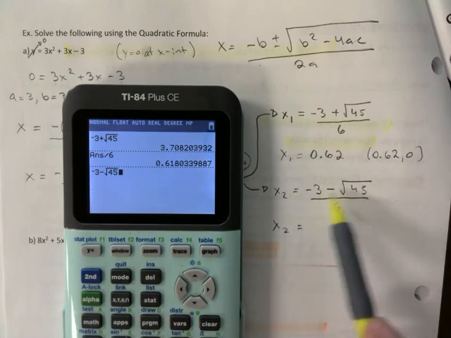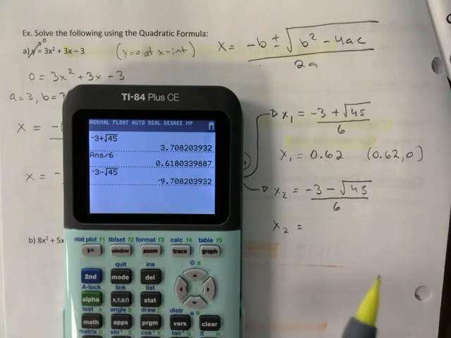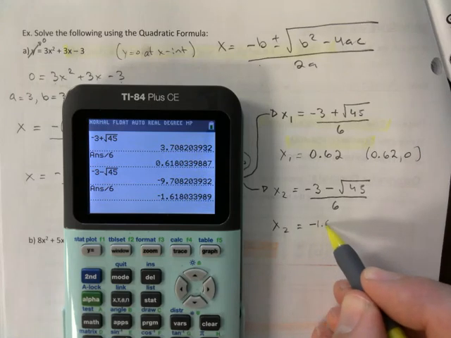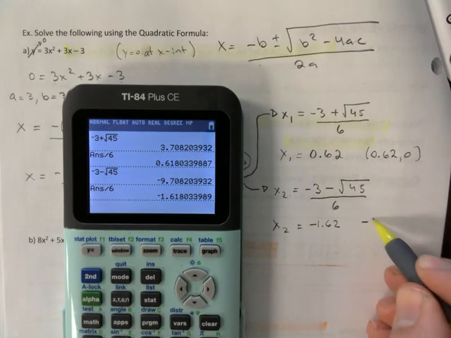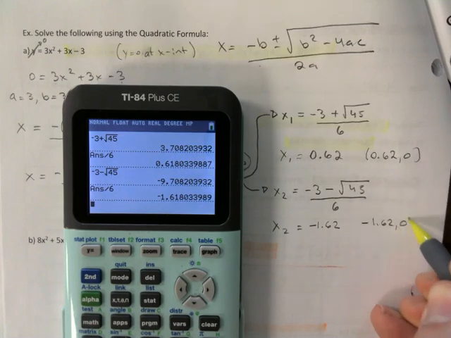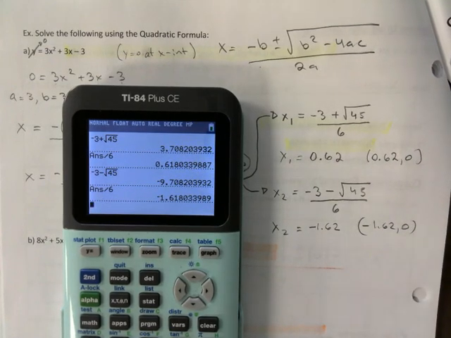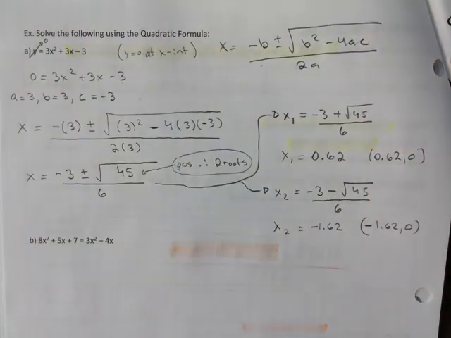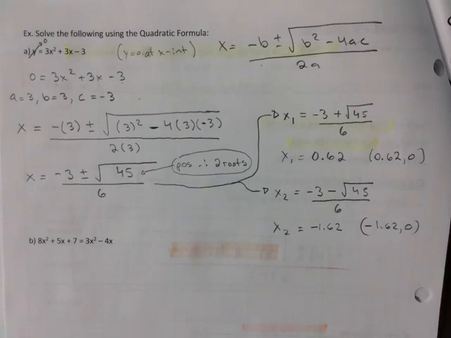Right? So then you have this part right here. Enter, and you divide that by 6. So it's negative 1.62. So that's your second x-intercept. Okay, so you have both x-intercepts.